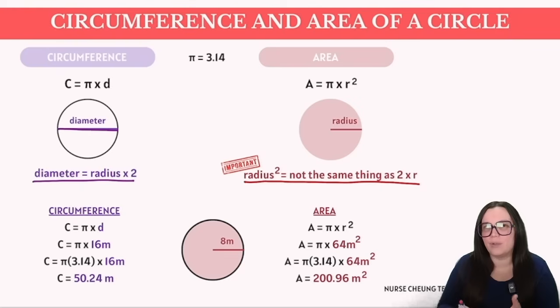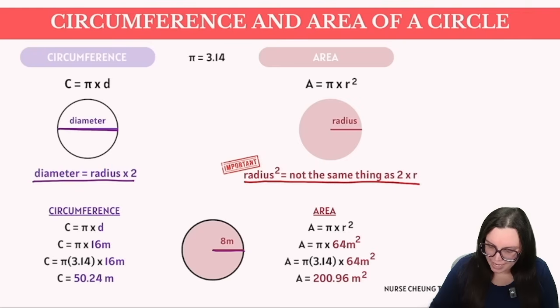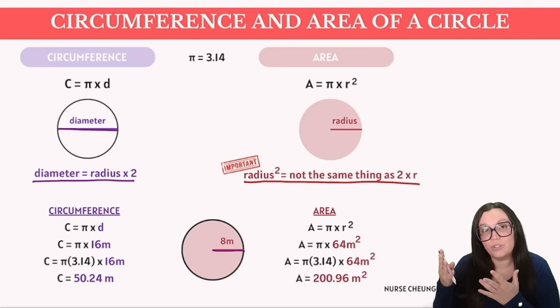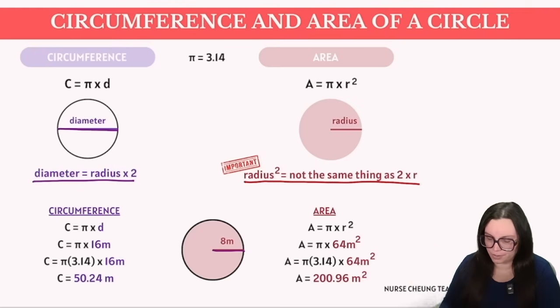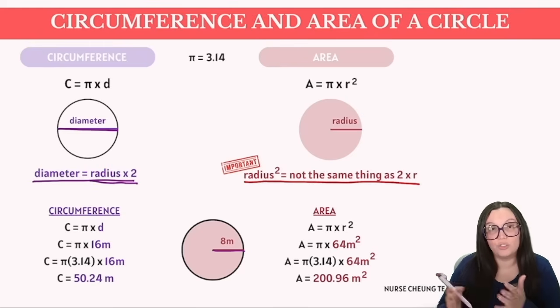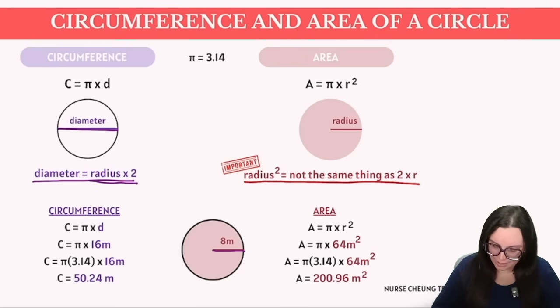Let's take a look at an example of how this will actually be applied on the TEAS. Starting with our first example, we're given a circle with a radius of 8. When it comes to the circumference of a circle, we're going to multiply the radius by 2, like we discussed before. So in this case, 2 times 8 is equal to 16.